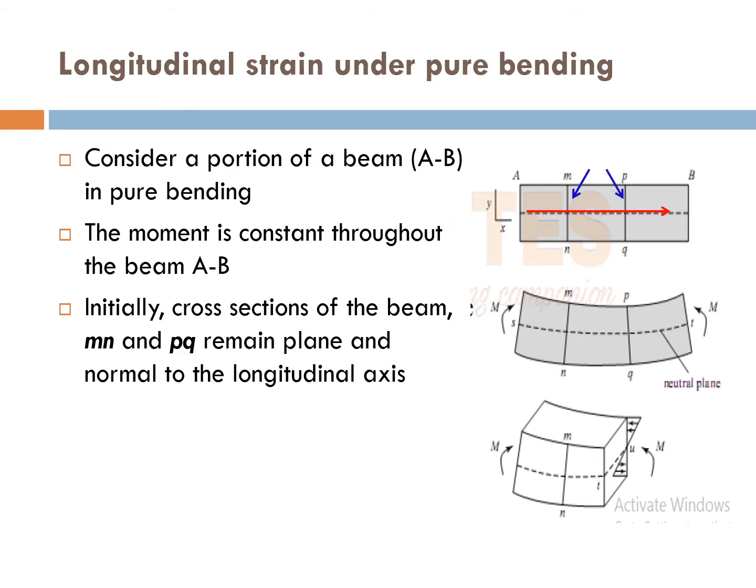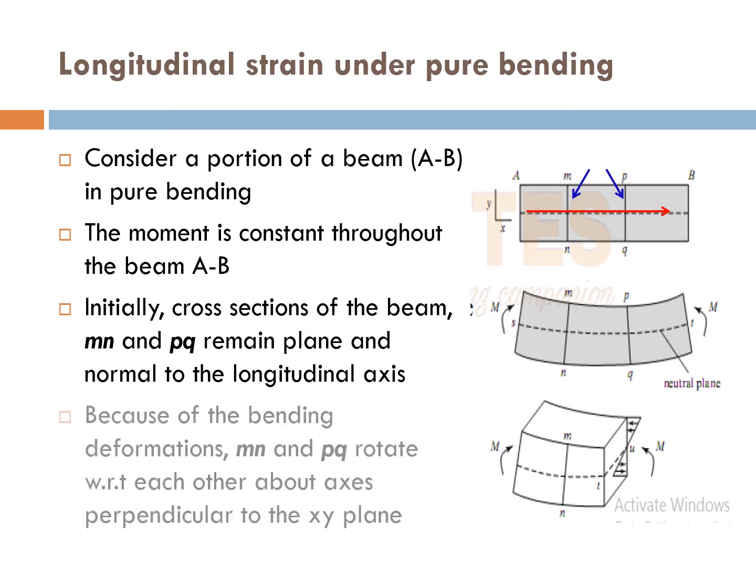Now, when subjected to bending, because of the bending deformation, the cross-sections MN and PQ will rotate with respect to each other about the axis perpendicular to the xy plane.